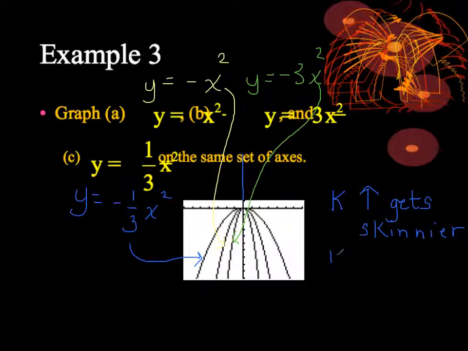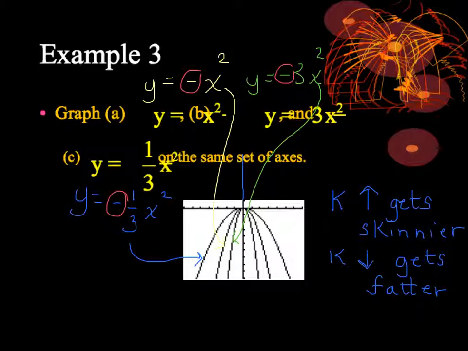Whereas when k gets smaller, like the 1/3, the parabola gets fatter. I also want you to notice that when we had negative signs in front of our x squareds, which we had in all of these, the parabola opened down, whereas when we had positive signs, it opened up.